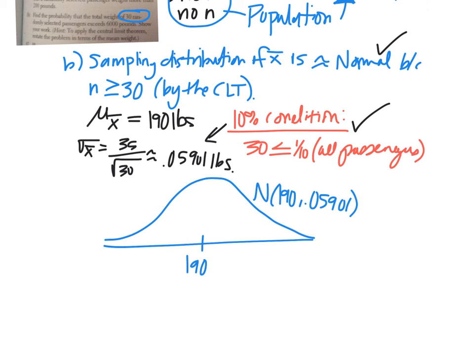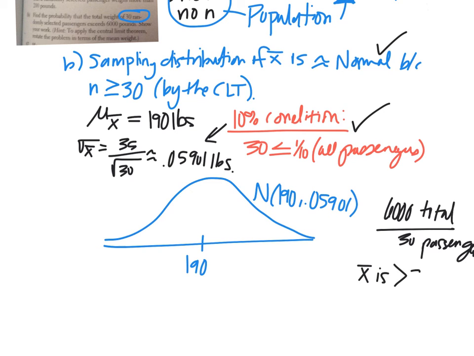So if I have 6,000 total pounds, and I am talking about 30 passengers, I'm saying that the average, that X bar, is greater than 200 pounds. That's another way of looking at this question. Because obviously if I put 6,000 in here, it wouldn't make sense.